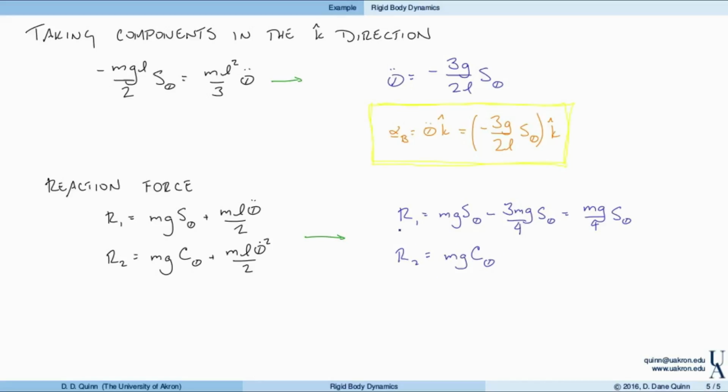So again, the reaction force is a vector. So these are the components of the reaction force in the E1 and E2 direction.